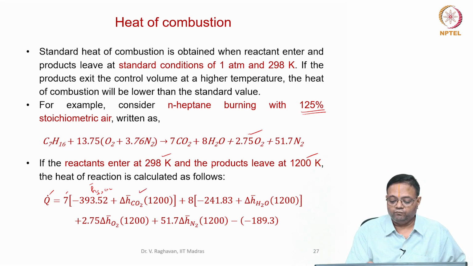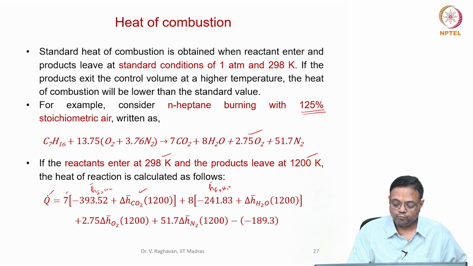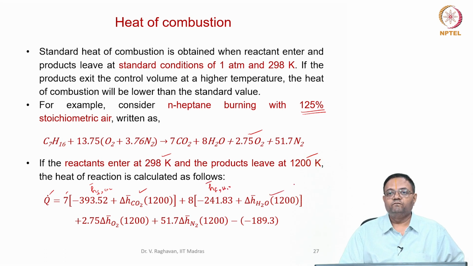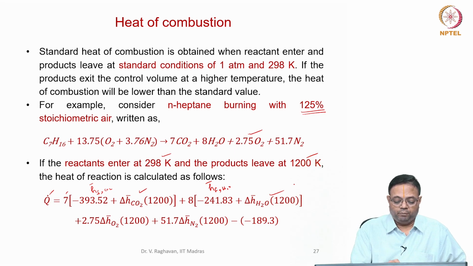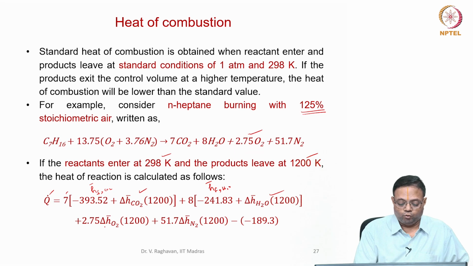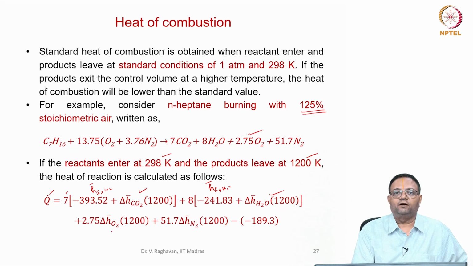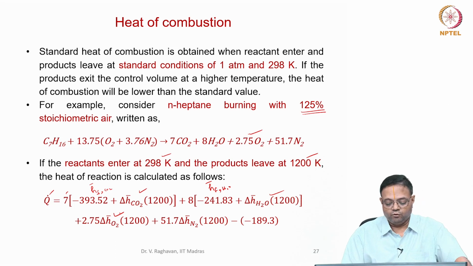Similarly, 8 times for H2O, this is the enthalpy of formation of H2O plus sensible enthalpy which is obtained from the table corresponding to 1200 Kelvin, plus 2.75 O2. O2 does not have enthalpy of formation, so only sensible enthalpy is included here. Similarly, for the nitrogen, sensible enthalpy is included. Minus, what is this 189.3? That will be the enthalpy of formation of C7H16.